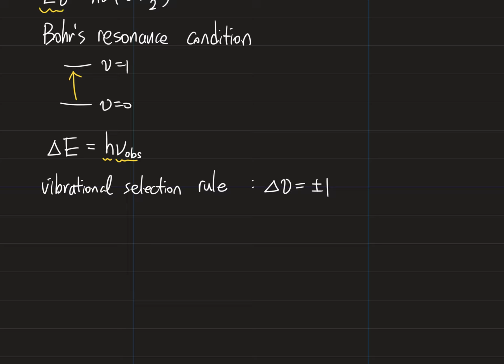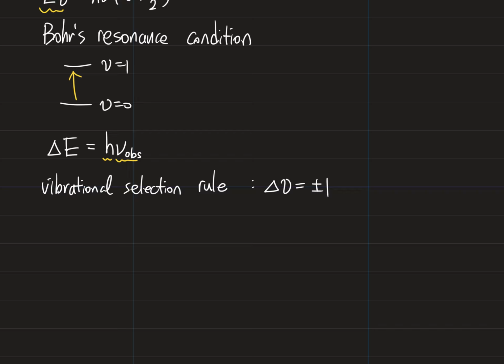Let's assume that for now. I think we can discuss the vibrational selection rule after we understand the structure of the harmonic oscillator's wave function. So let's discuss that later.